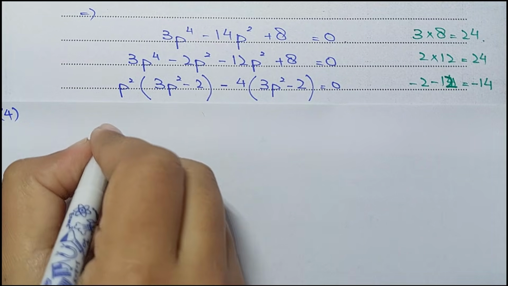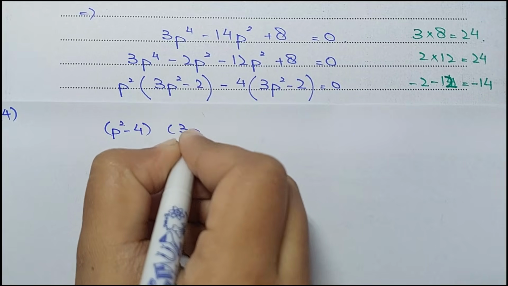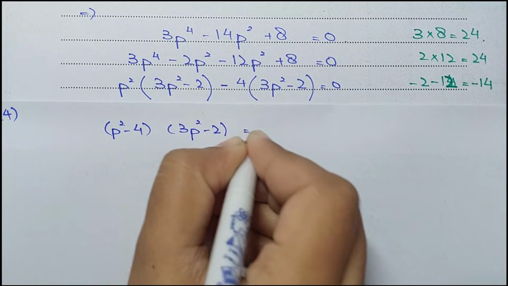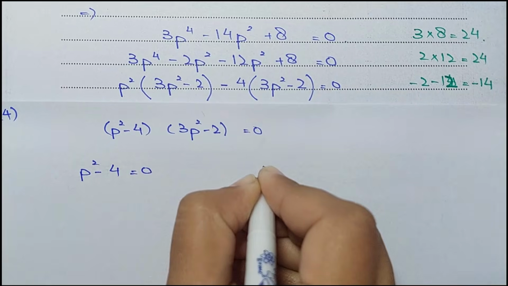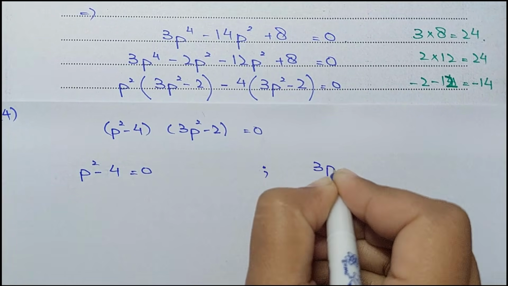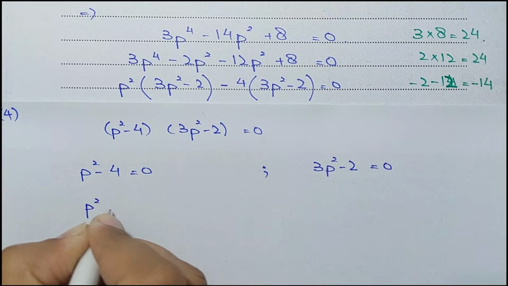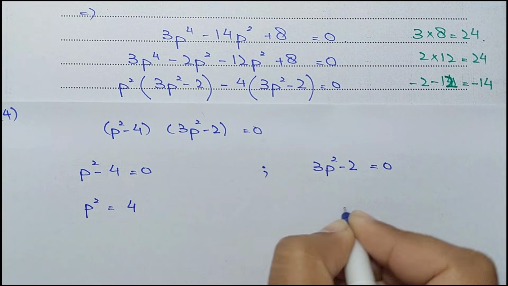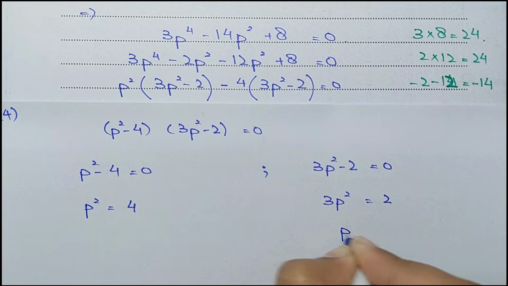Now the factors are p square minus 4 and 3p square minus 2 equals 0. Now the first factor is equal to 0 and the second factor, 3p square minus 2, is also equal to 0. From here p square is 4, and 3p square is equal to positive 2, so p square is 2 by 3.